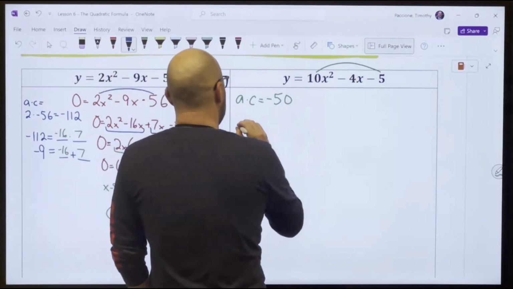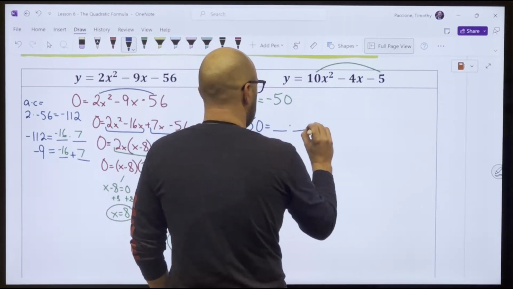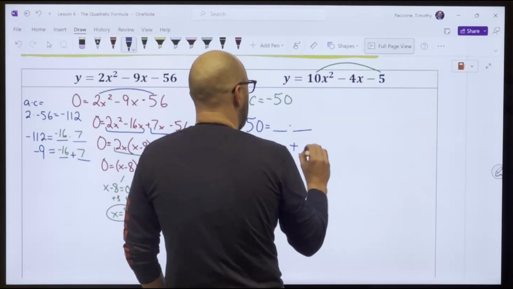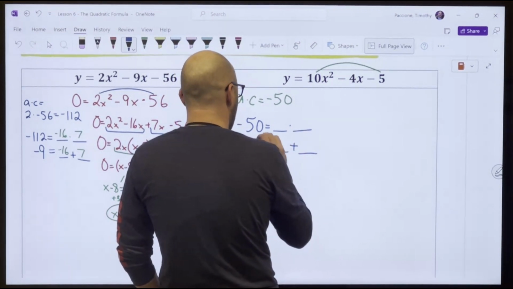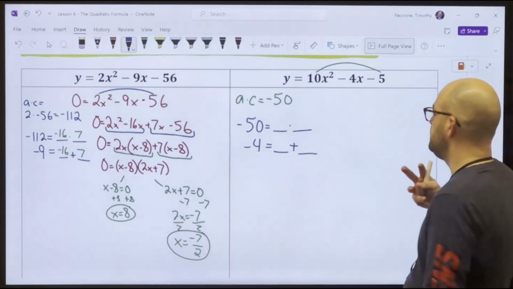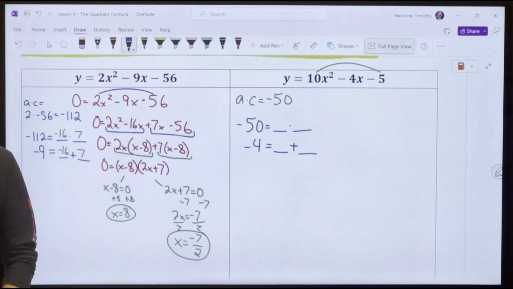So, okay, negative 50 equals something times something. And those same two numbers have to add up to negative 4. And you sit there and you think about it and you're like, I can't find any numbers that fit that scenario, right? In this case, that's because there aren't any, okay?